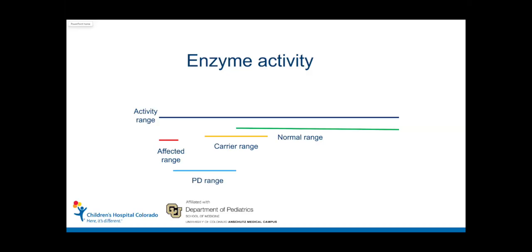I'm going to explain this in a minute, but the broad concept is, we now know that individuals who carry these pseudodeficiency alleles, and I'll tell you more about those in a minute, can range from the low end of normal through the carriers and may actually go into what we consider to be the affected range. That makes it difficult in a newborn screening context, when you don't have the clinical information, to determine whether a patient needs treatment or not.